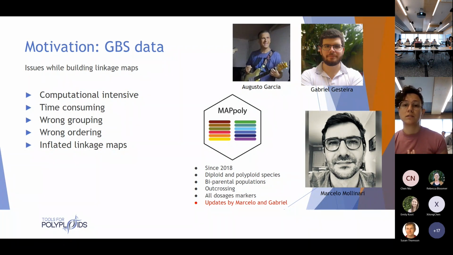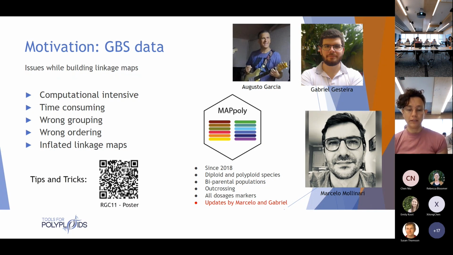And this new package is much more complex, and it is able to build linkage maps with polyploid species. Jiken will talk more about it. Marcelo and Gabriel are the ones doing updates in this package. I was doing the updates in OneMap, and Marcelo and Gabriel were doing the updates in MAPpoly to try to deal with these issues that we were facing, and we did many things inside the package.